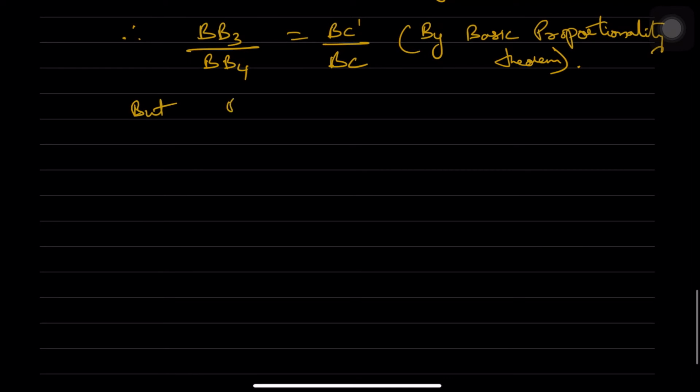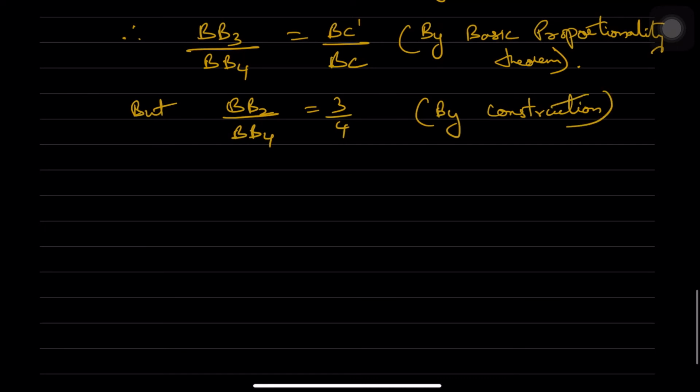But B B3 by B B4 is equal to 3 by 4 by construction. Therefore BC dash by BC is equal to 3 by 4.